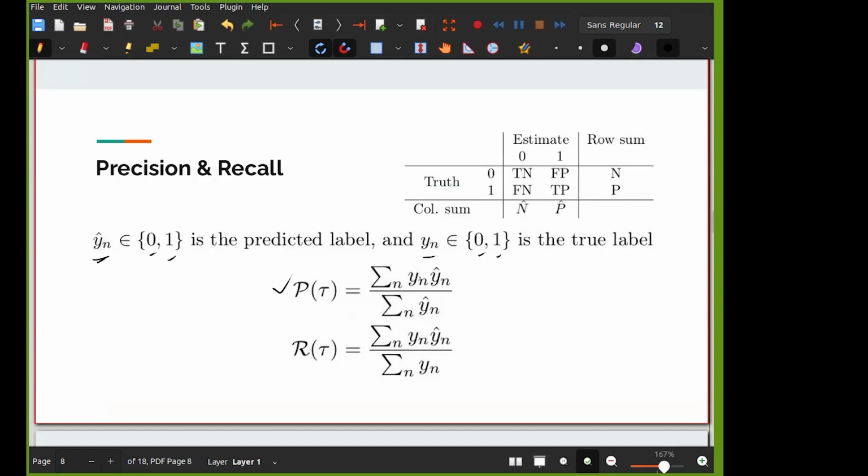So multiplication of yn and yn hat is just basically counting my true positive because it will be a 1 only when both of them are positive. That it should be a positive class and it should also match a positive prediction, divided by y hat sum, which is just again P hat, right? And similarly here also the denominator is P and the top is TP. So this is another way to write the same thing, again precision and recall.